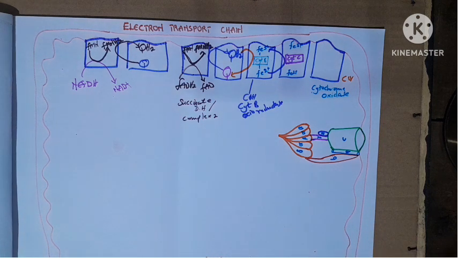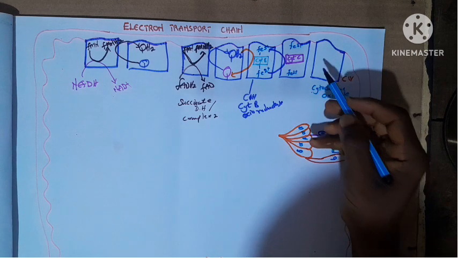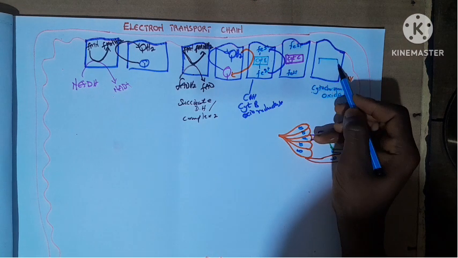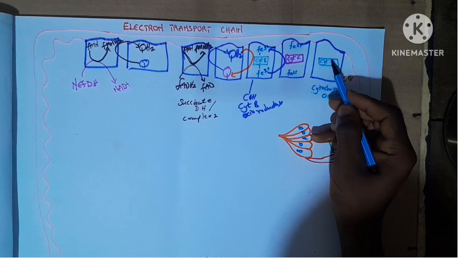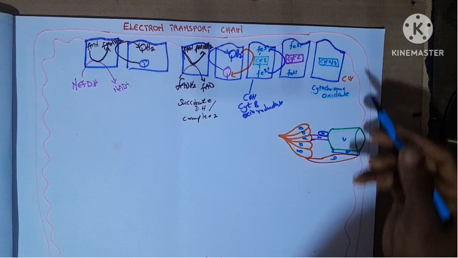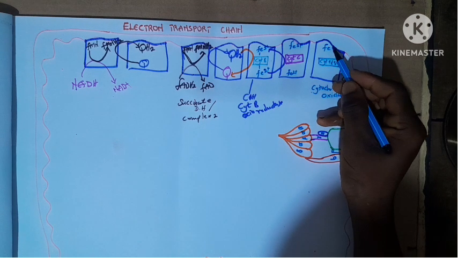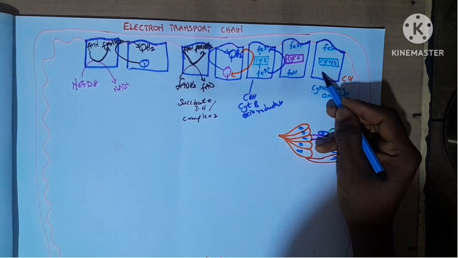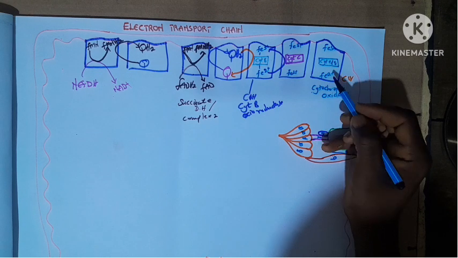So the cytochrome A and the cytochrome A3 consist of iron 3 and then iron 2, like the first cytochromes.